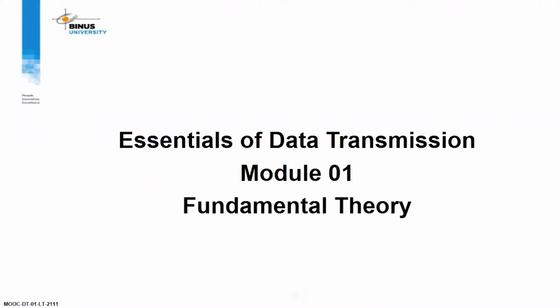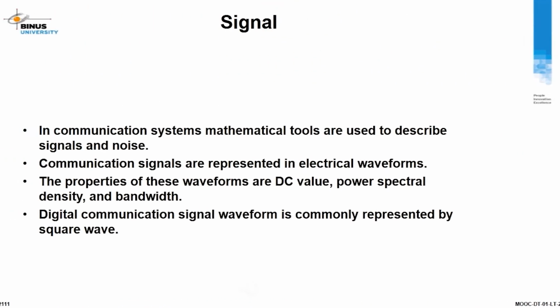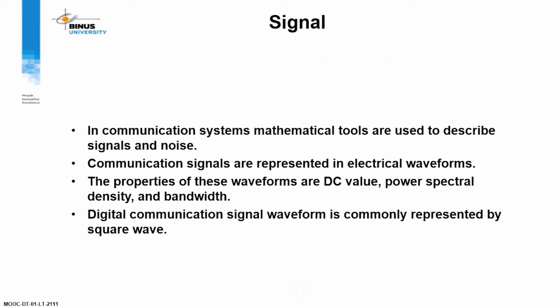Essentials of Data Transmission, Module 1, Fundamental Theory. Signal. In communication systems, mathematical tools are used to describe signals and noise.